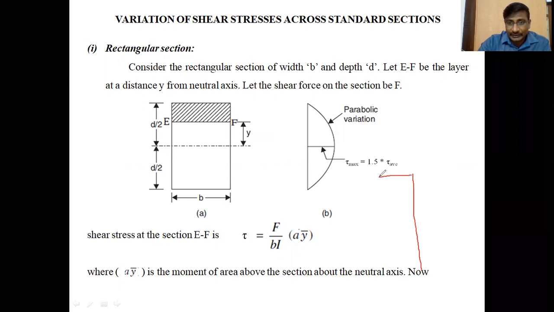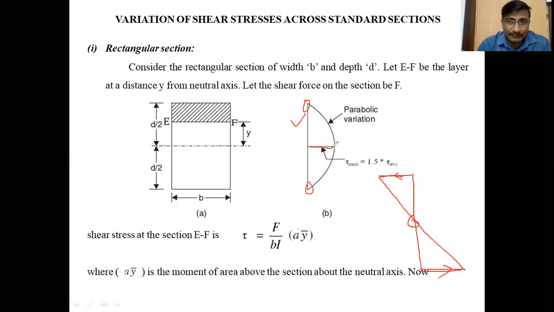Compressive forces are developed here and tensile forces are developed here. Like this, we drew the bending stresses: at the neutral axis it is 0, and at the extreme layers it is maximum. But in the case of shear stress, the shear stress at the extreme layers is 0 and the shear stress at the neutral axis is maximum.